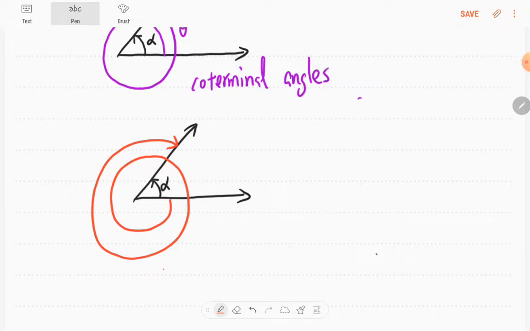If this is called beta, then alpha and beta are coterminal angles. But beta is negative, right? But beta is negative.